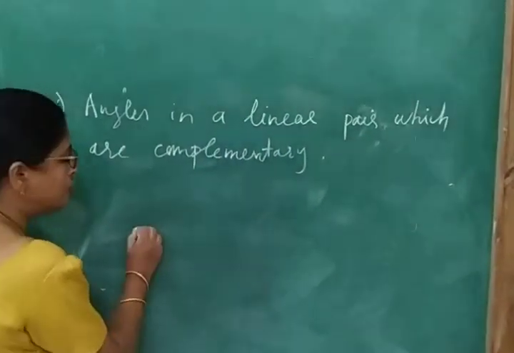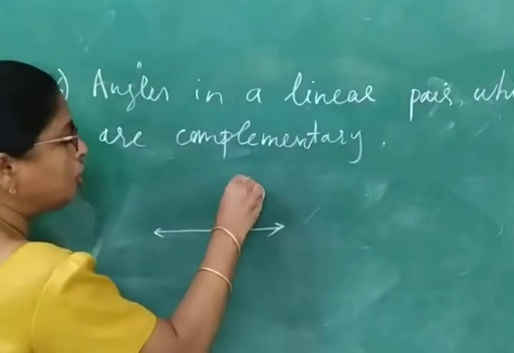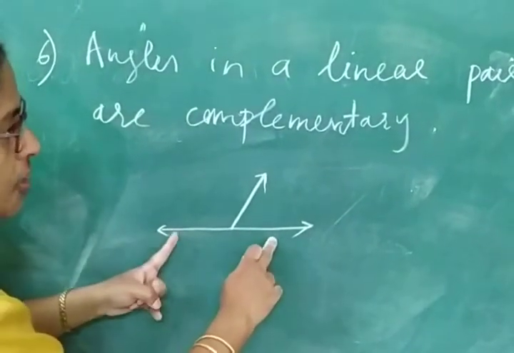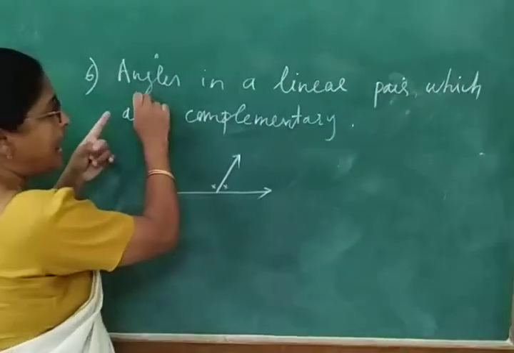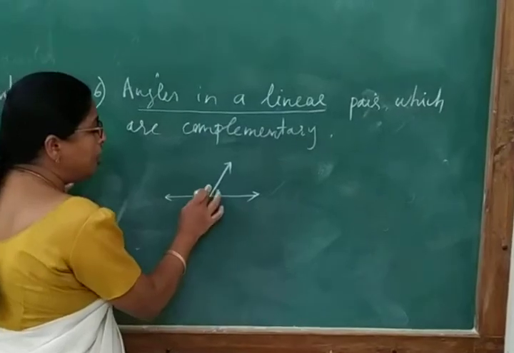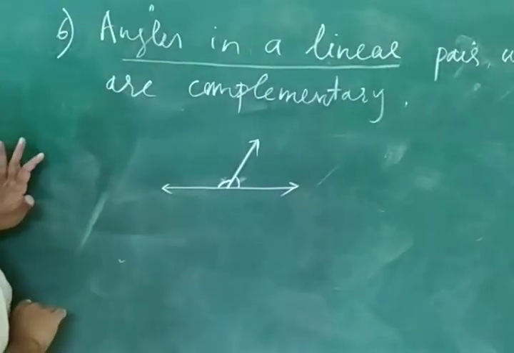So if you draw a linear pair, the first condition is that non-common rays should form a straight line. So these are called linear pair of angles. Angles in a linear pair which are complementary. Do you think that what should be the sum of the measures of these two angles?